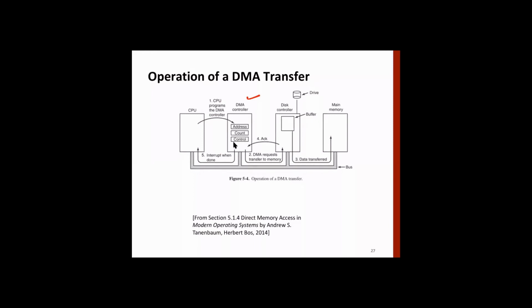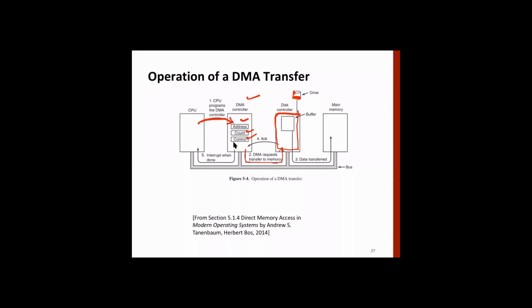The first step is that the CPU programs the DMA controller. It tells the DMA controller what is to be done. It gives the address, count, and what activity is to be done. Then the DMA controller in turn requests the disk. There is something called a disk controller along with the disk.